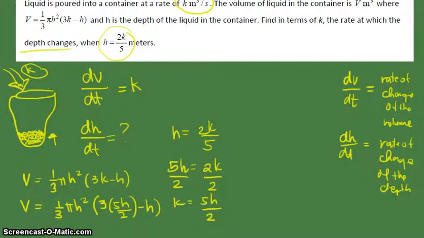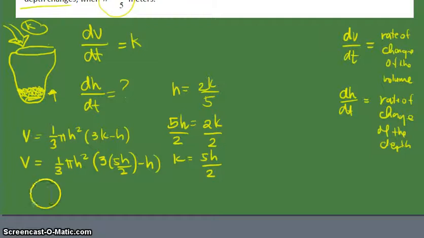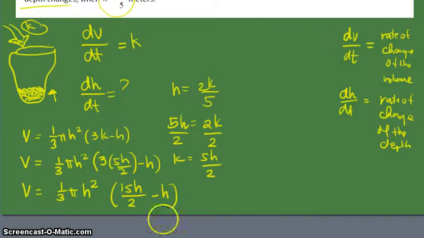And then we continue to simplify the volume function. So V now is equal to 1/3 pi h squared times 15h over 2 minus h. Now you can combine 15h over 2 and h, or subtract this and make this a single expression. Take note that minus h is equivalent to minus 2h over 2.